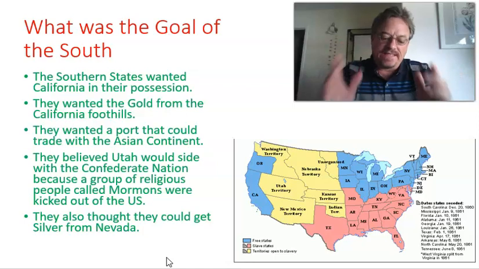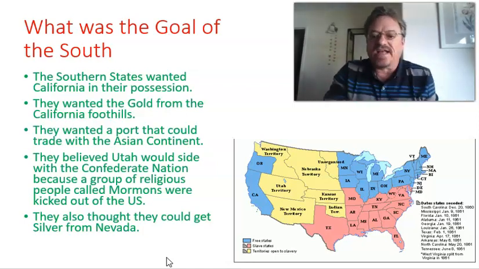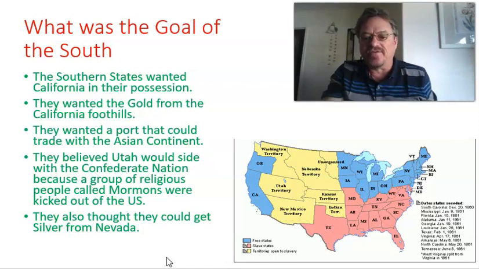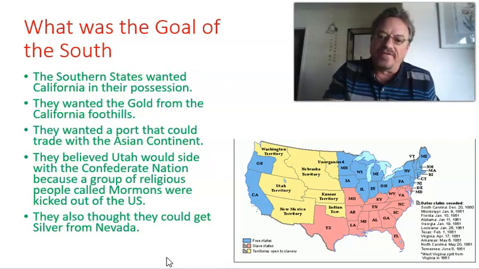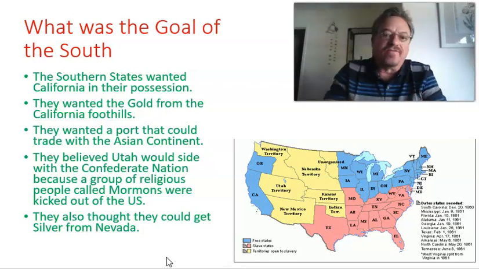Okay, so let's take a look at what the southern states, that's all the red states right here you see, wanted to do with the West, okay? First of all, there's Los Angeles down here, and Los Angeles was kind of like the goal for the South to get to. They could have some ports.